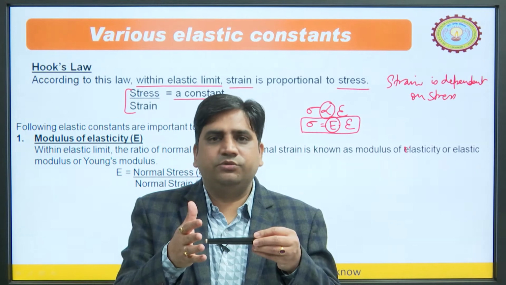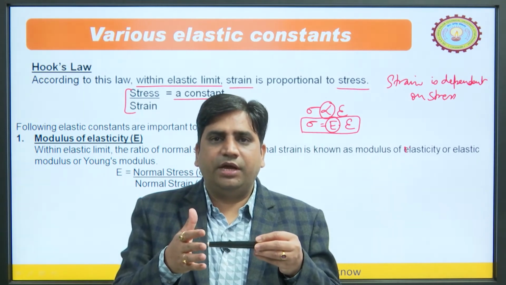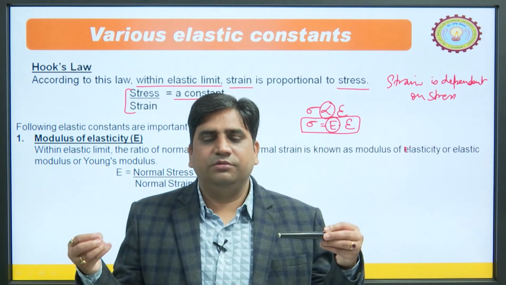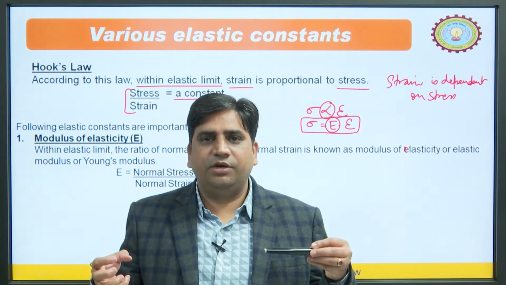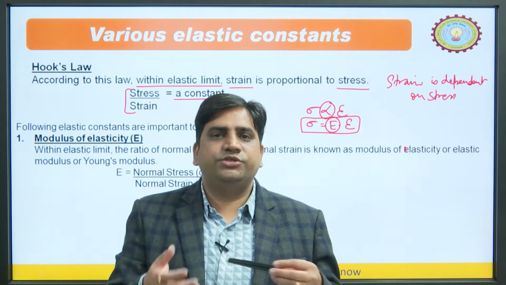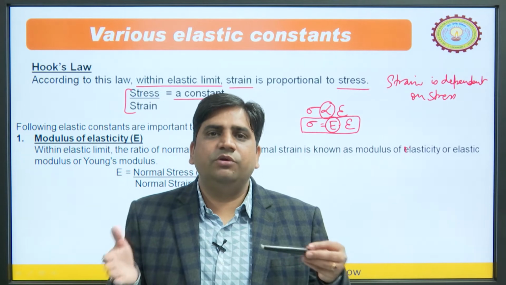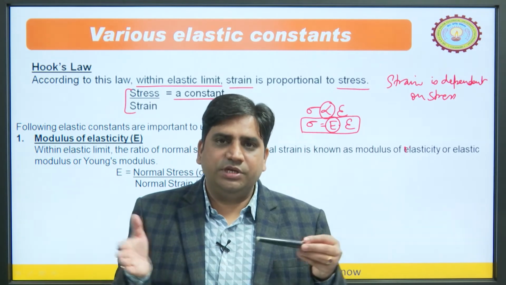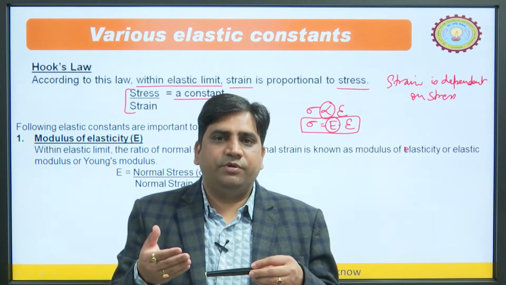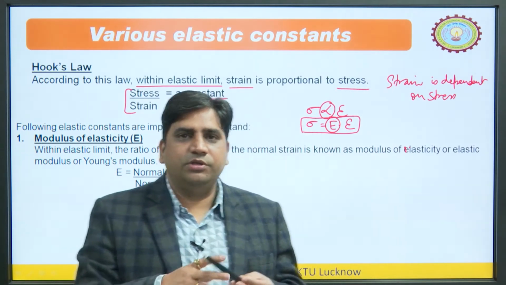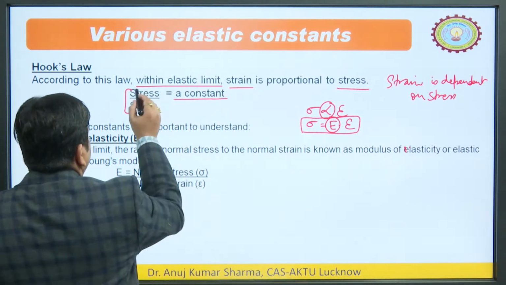But sometimes, if we stretch it more, or up to a longer distance, it loses its shape and does not come back to the original shape or length. That is plastic deformation. We are talking about the region within the elastic limit.